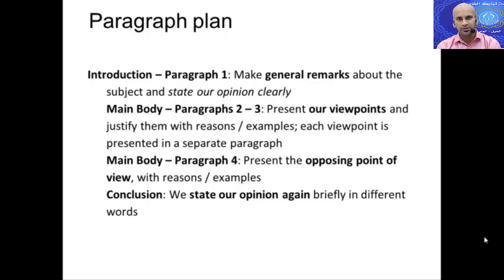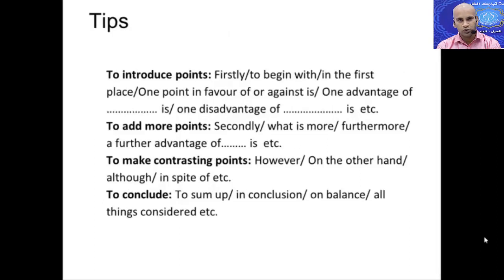Give only a very short paragraph. Then the conclusion. Here you state your opinion again briefly in different words in conclusion or all in all, and give your main points and then conclude.